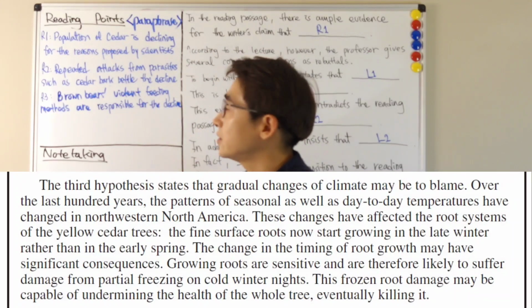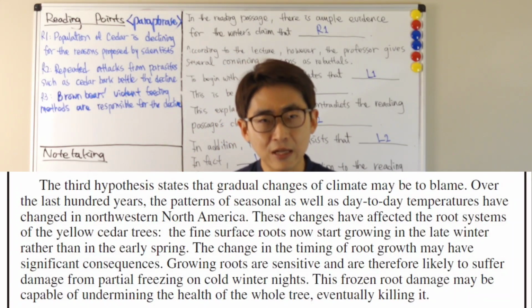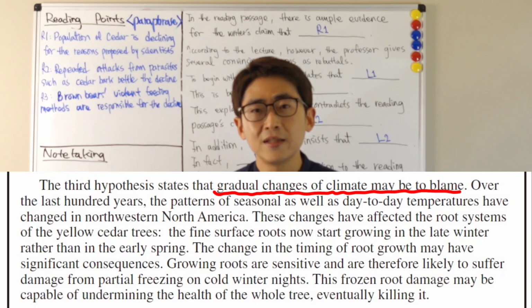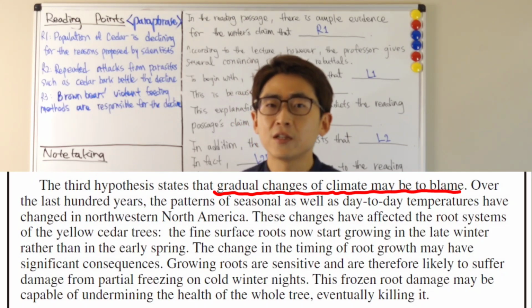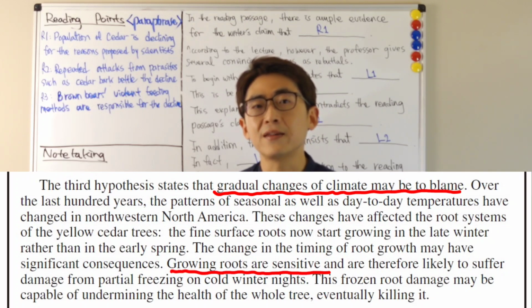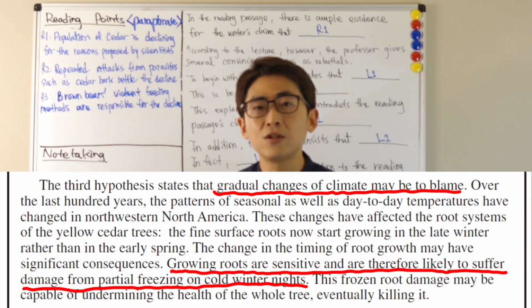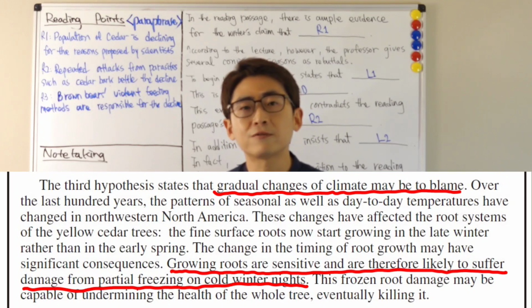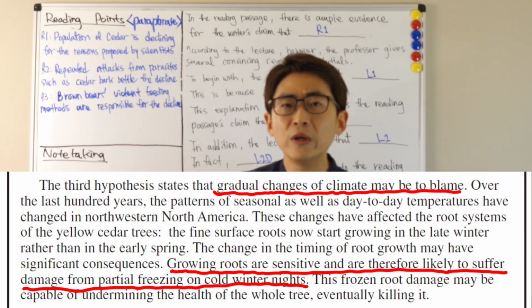So here in the reading passage it says, gradual changes of climate may be to blame, and the extra detail would be, growing roots are sensitive and are therefore likely to suffer damage from partial freezing on cold winter nights.